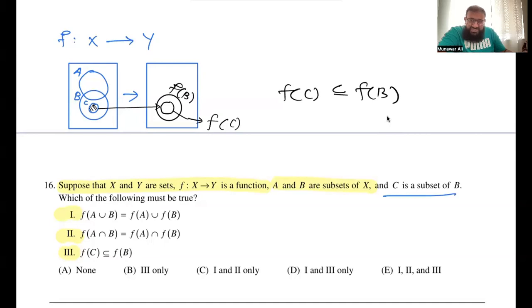It's not a big deal to show. So for me, the third statement is true.